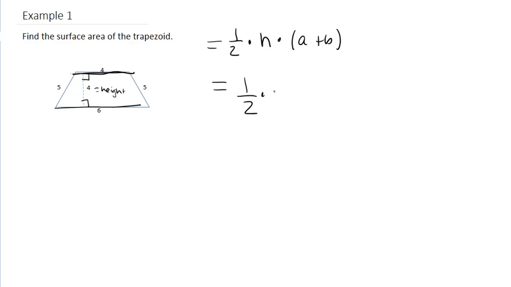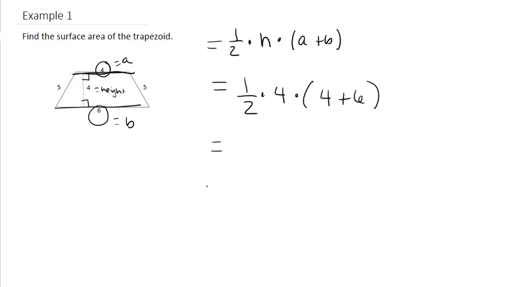So we have 1/2 times 4 times a plus b, which are our two bases. This can be equal to a and this can equal b. So we have 4 plus 6.